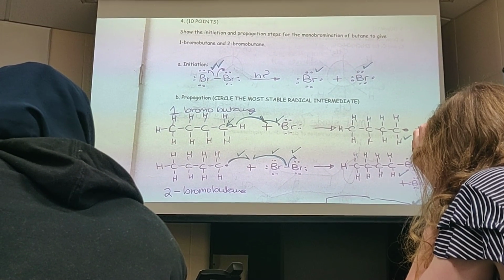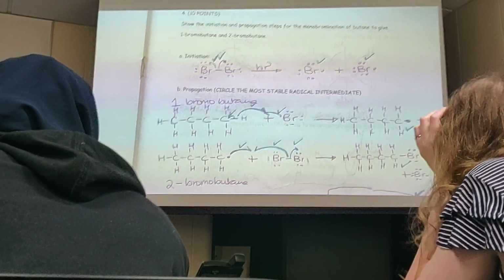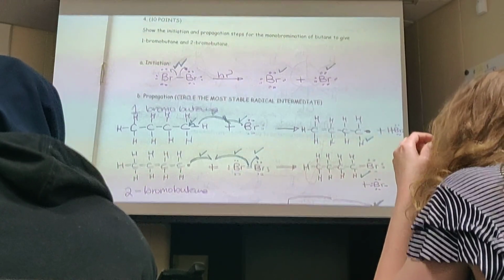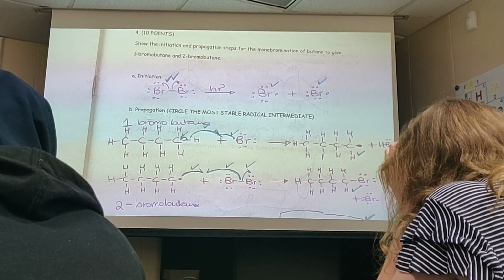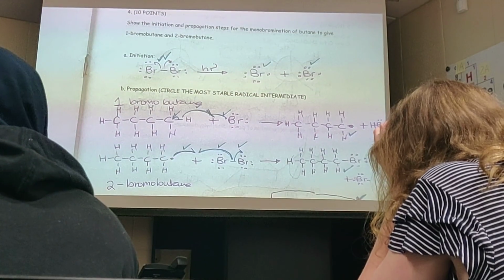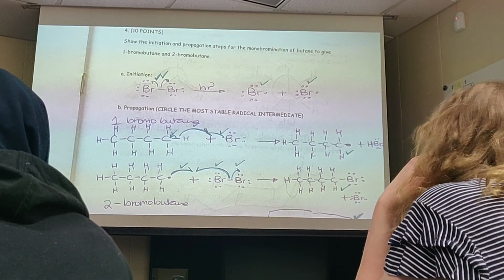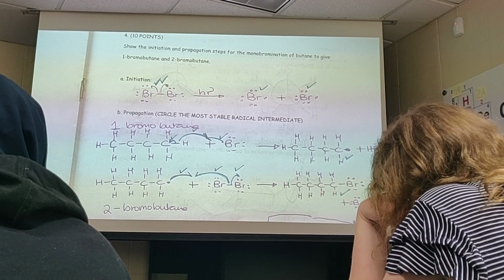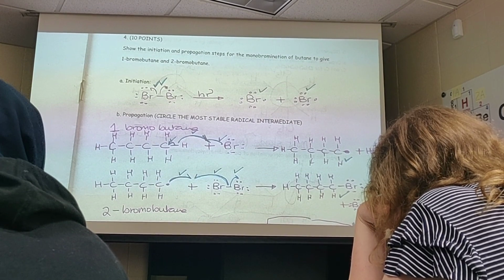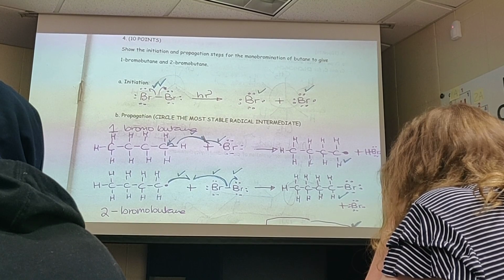In this last mini test, there were still some arrows going from positive charges. If you are doing a mechanism and you have a temptation to draw an arrow from a plus sign, resist the urge, go in the opposite direction. Arrows go from negative to positive, or from high electron density to low electron density.